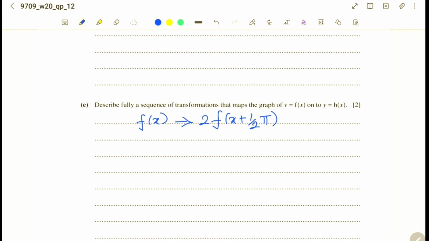So inside the bracket it's x plus 1 over 2 pi. That is nothing but a translation by the vector minus 1 over 2 pi, 0. And this 2 indicates a stretching by a factor of 2 vertically.